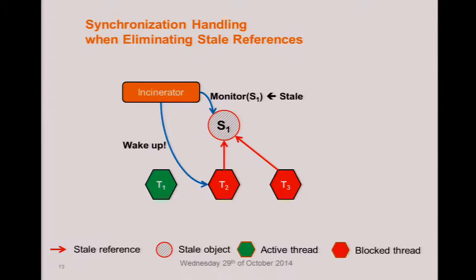When this happens, thread T2 will wake up in the monitor acquire method. The monitor acquire method is where the thread gets blocked when it tries to access the lock of the monitor.